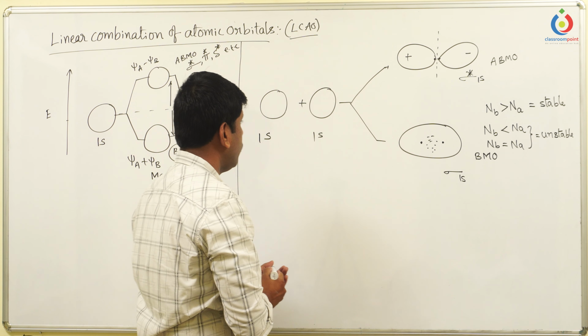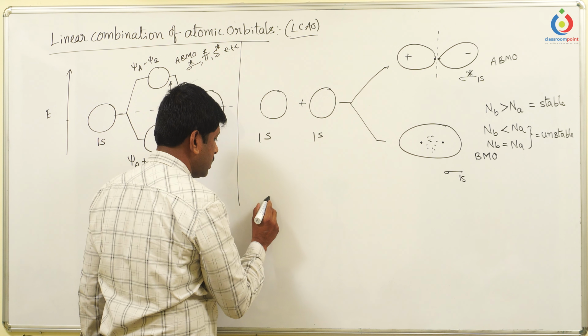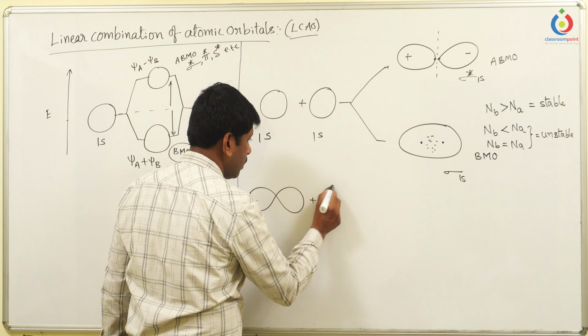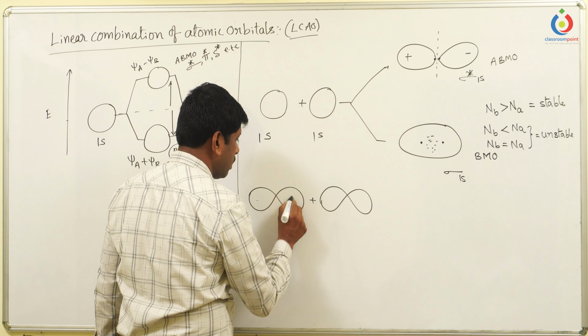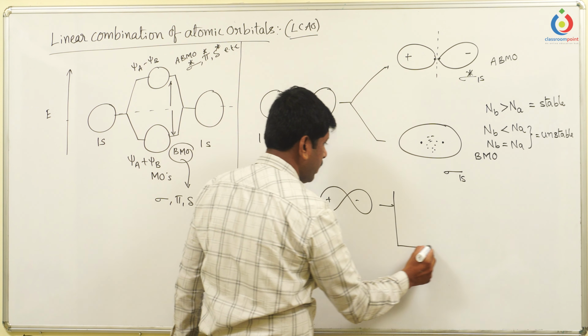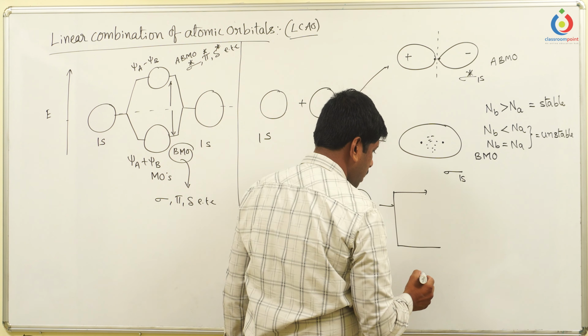And if you take the p orbital intermixing, imagine the z-axis. If both p orbitals intermix along the same axis, again we get two types of molecular orbitals.